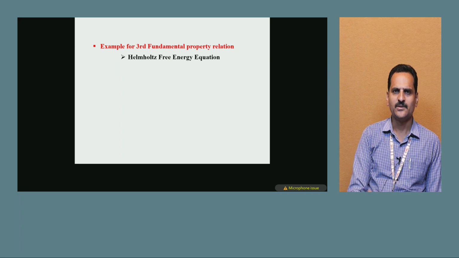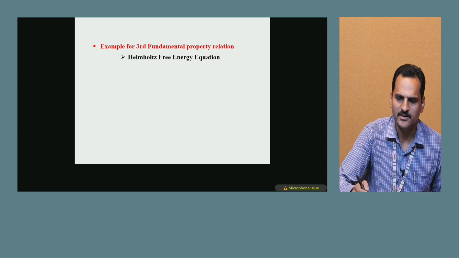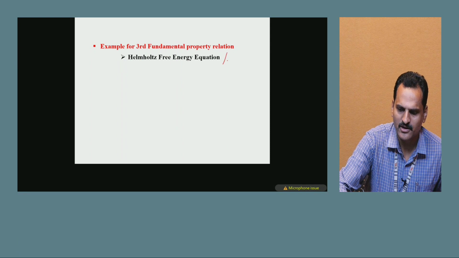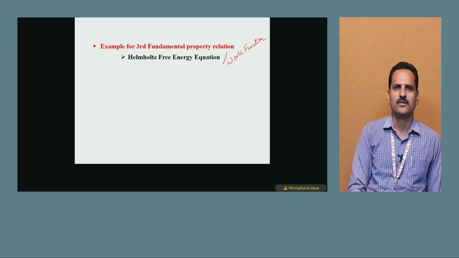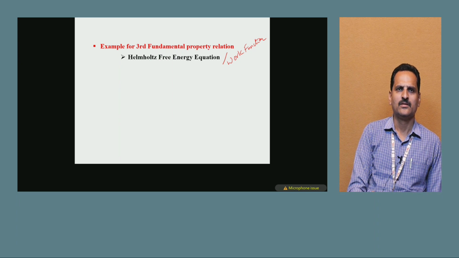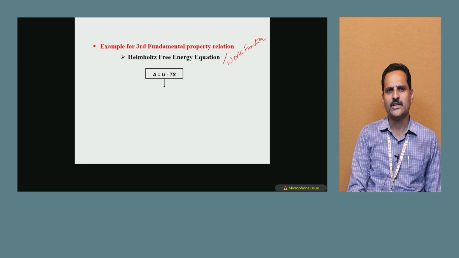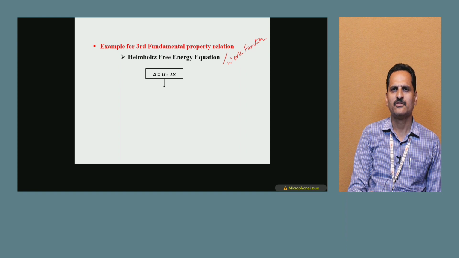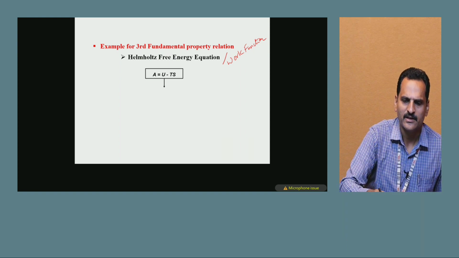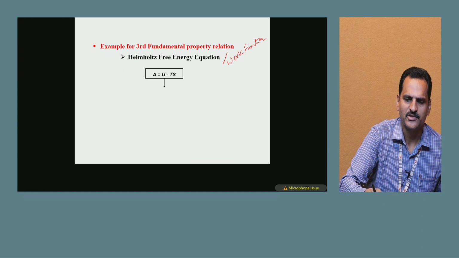This third fundamental property relation is also called the work function or Helmholtz free energy. The mathematical statement of the work function or Helmholtz free energy is written as A is equal to U minus TS.